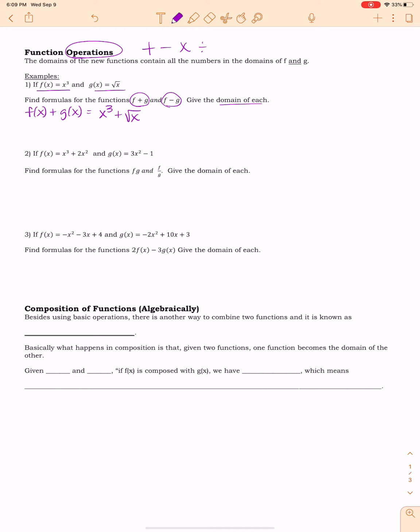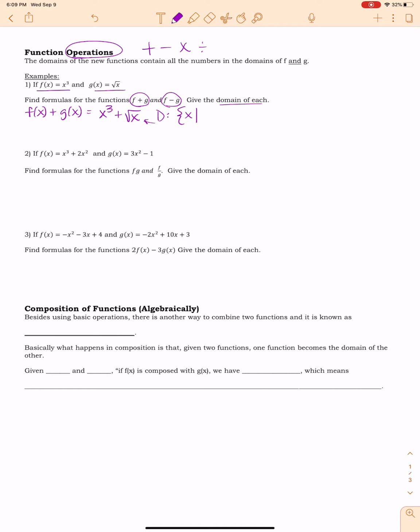But we also need to give the domain of each one. Now, this is where things get a little tricky. Okay, so we're going to write our domain in this notation right here. Okay, so it's set notation. All right, so it's all of x such that x is limited because of this square root right here.